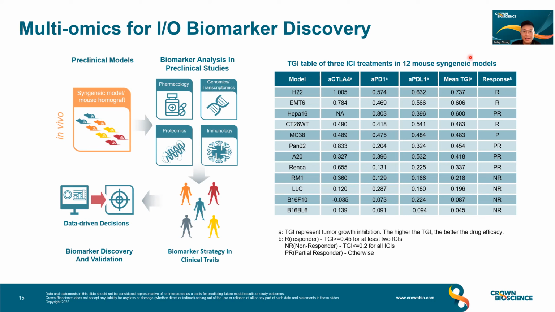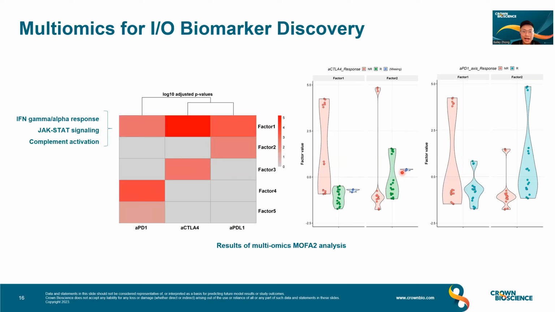First, we define the responders and non-responders for MuScreen models by their TGI results. Then we used a tool called MOFA to analyze our data and find the hidden factors related to how well the drug works.